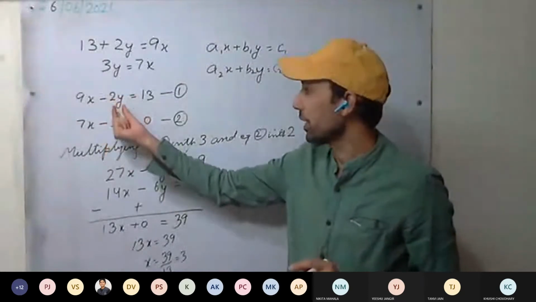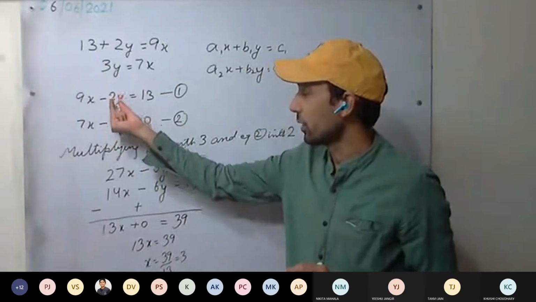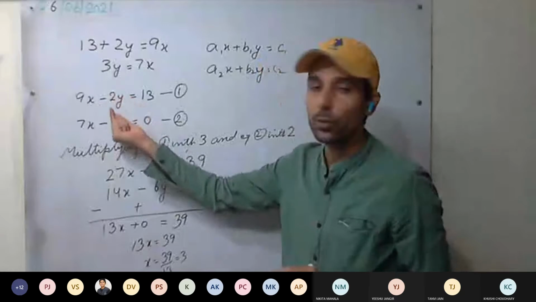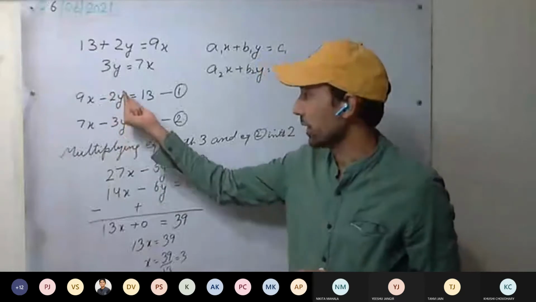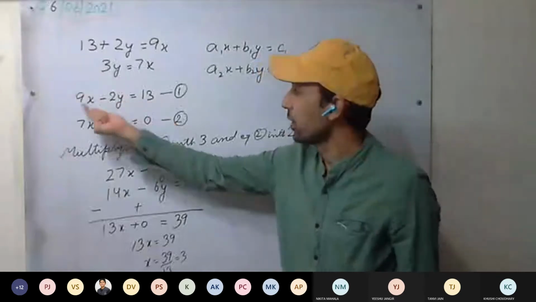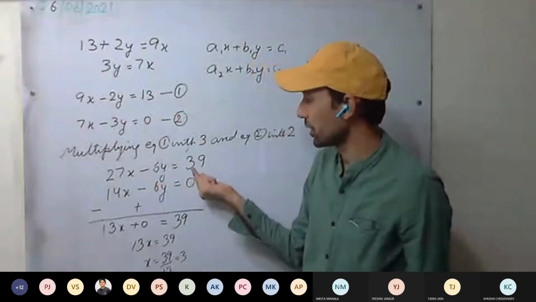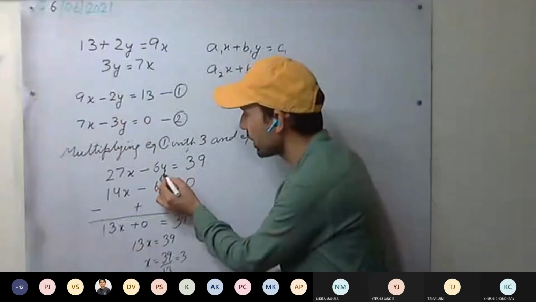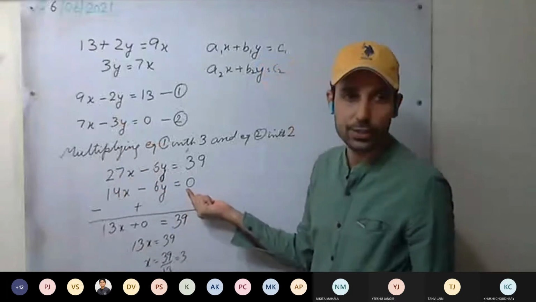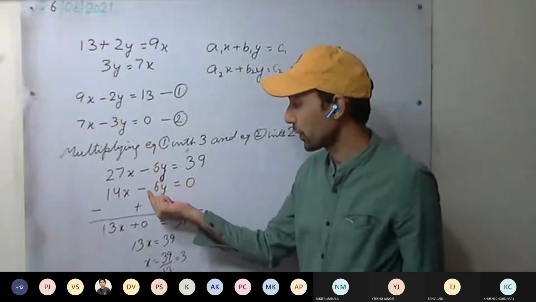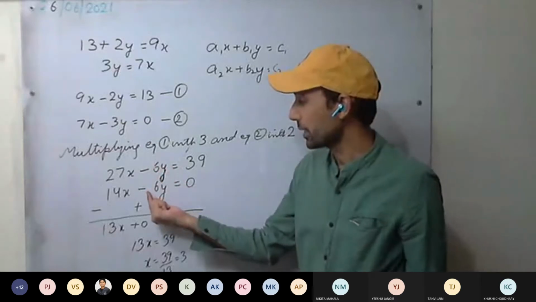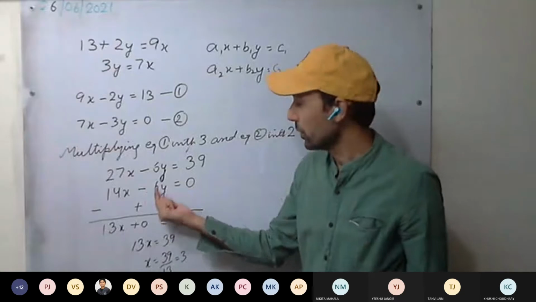So I am going to make the y coefficient the same in both equations. The first equation we multiply with 3, the whole equation, and we got this equation. The second equation we multiply with 2, and we got this equation. Now we have to see whether to add these two equations to cancel them, or subtract one from the other.